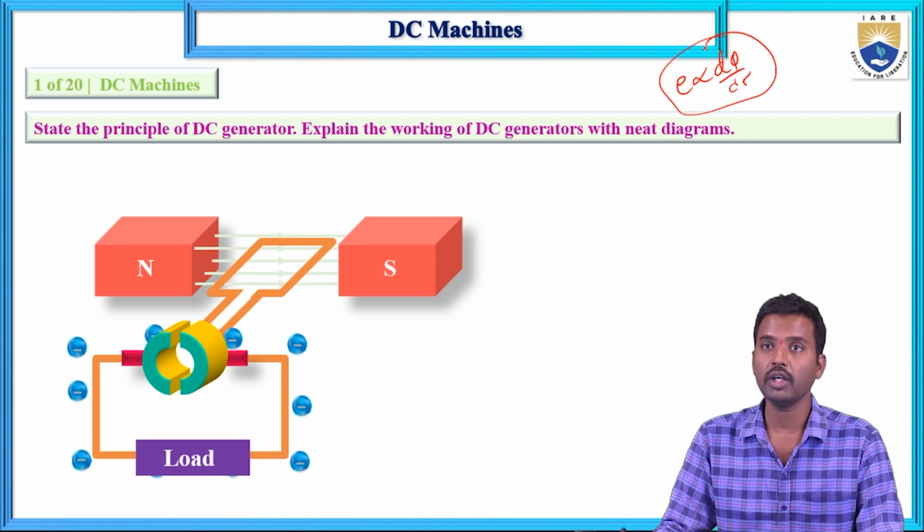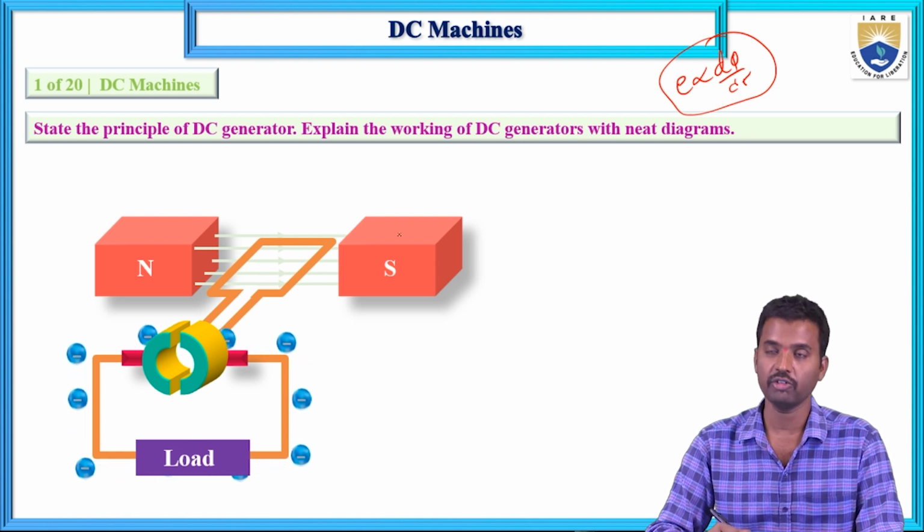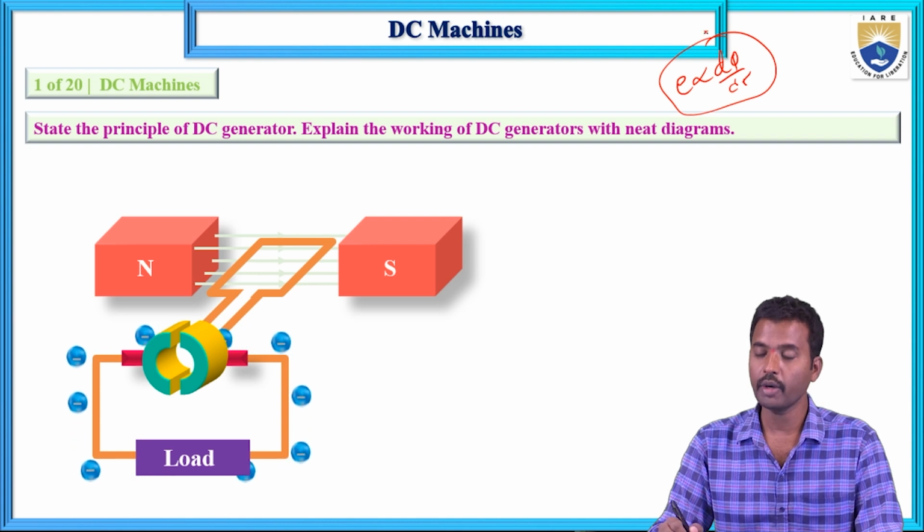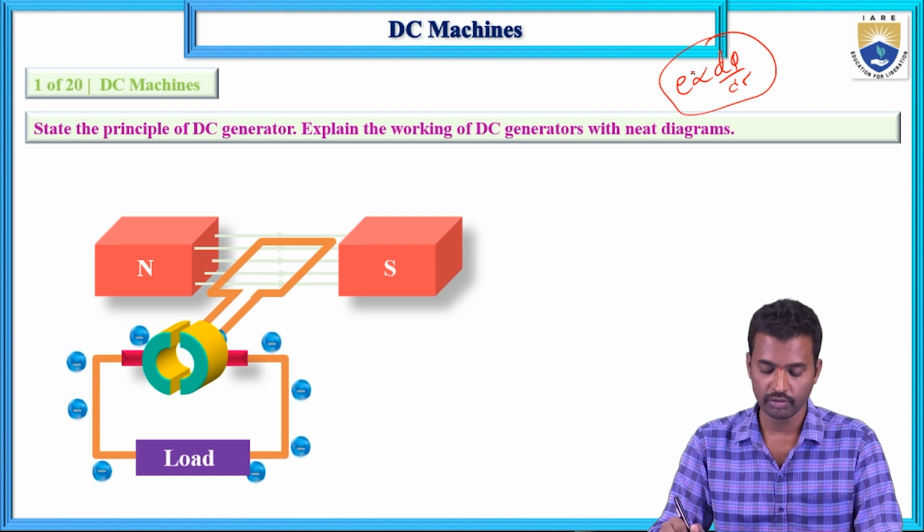There must be relative motion between the single-turn conductor and the magnetic field. When there is relative motion, there is an induced EMF.